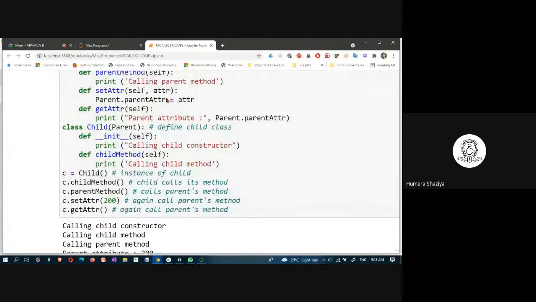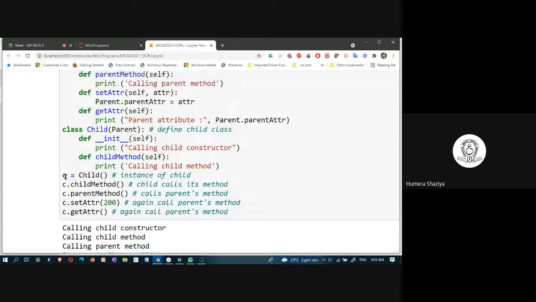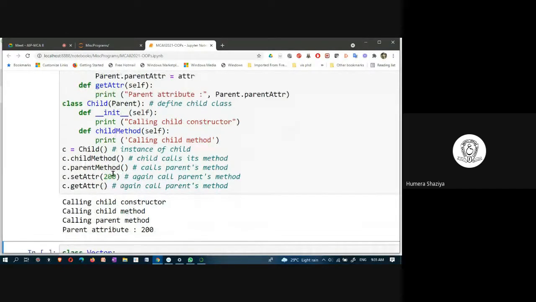When we run this, the object of Child is created and the init constructor will be called, and it prints the message in the print statement within init. Following this is the printing of the child method.